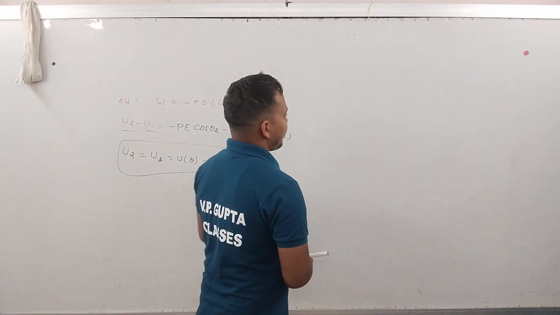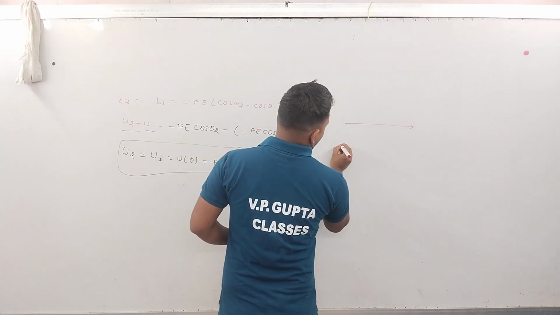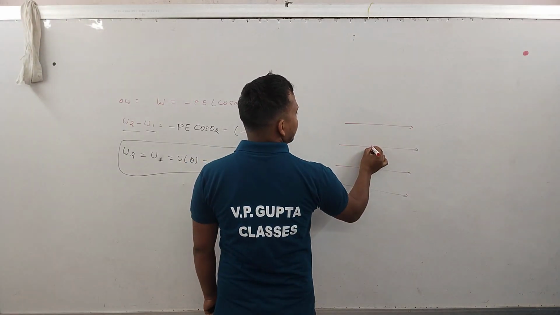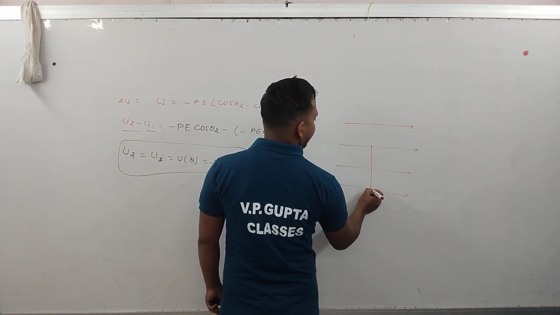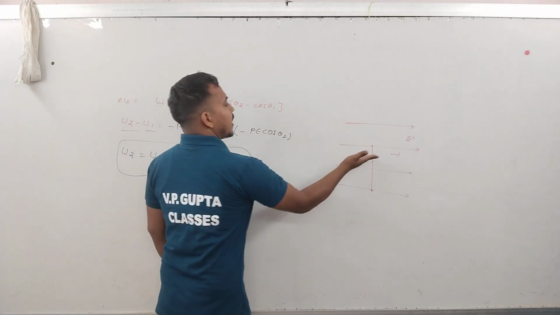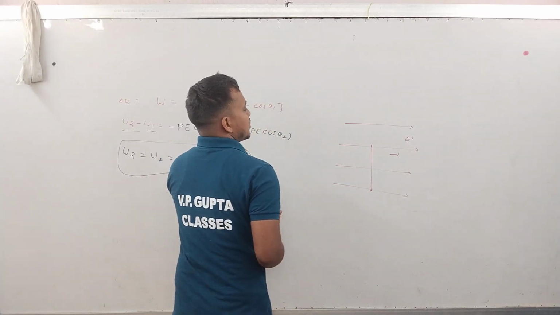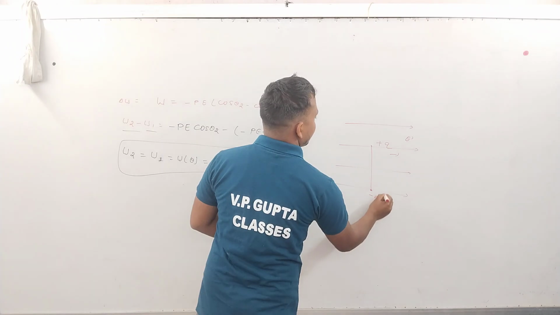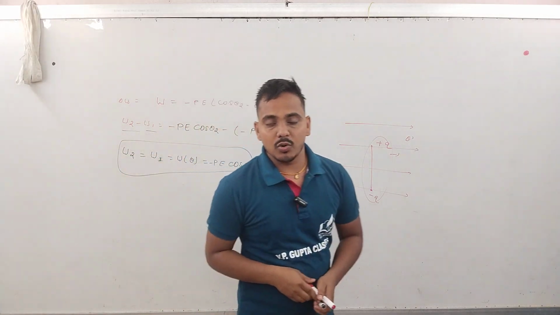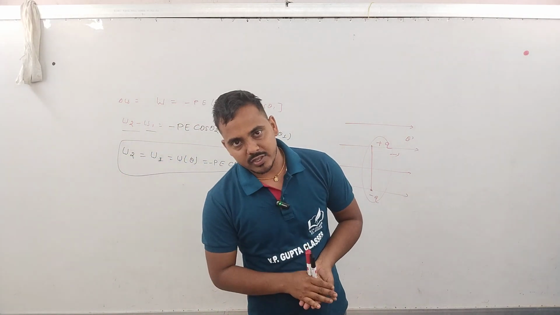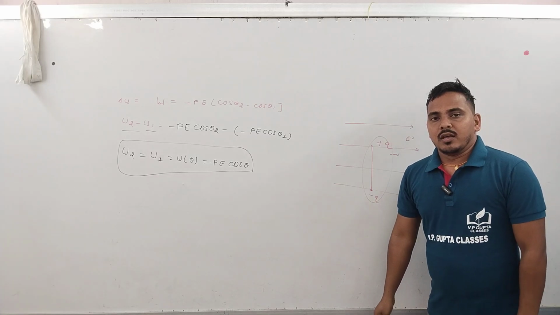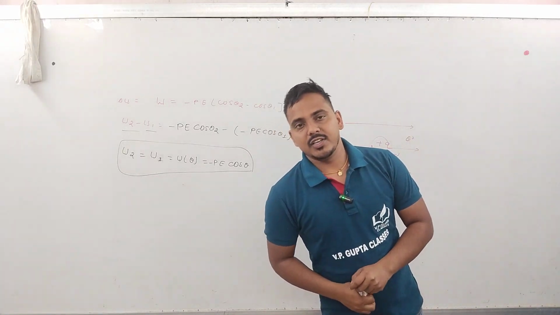That means if the electric dipole is perpendicular to the electric field intensity, with plus q and minus q, here the potential energy of an electric dipole in an external field is zero.